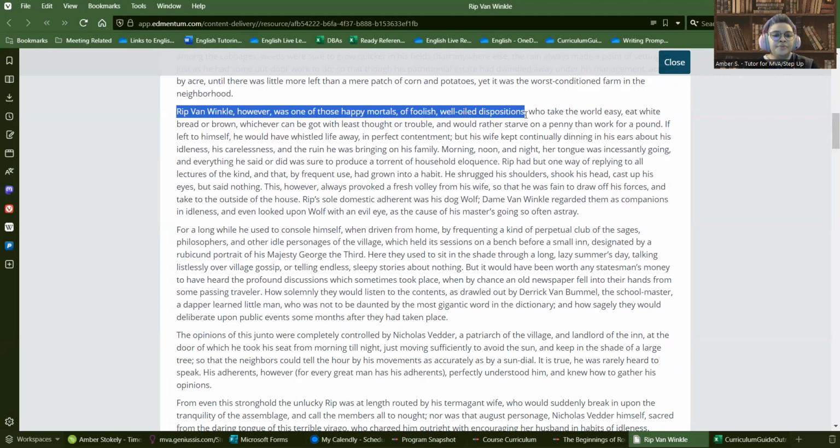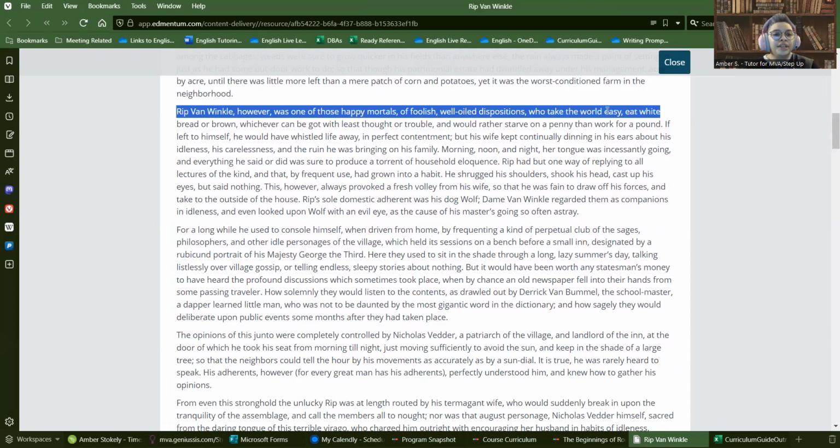So well-oiled just means that he runs smoothly. He has a very smooth, happy, kind of like well-working, easy-going personality, right? Because when you oil things, they slip against each other easily, right? So well-oiled dispositions just means he's too easygoing.